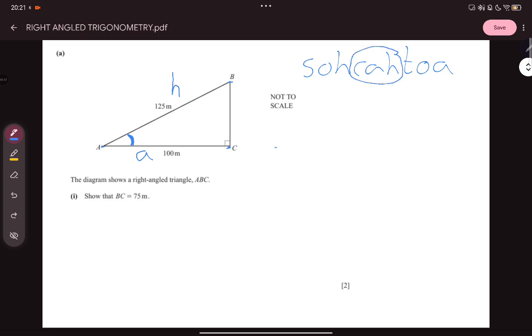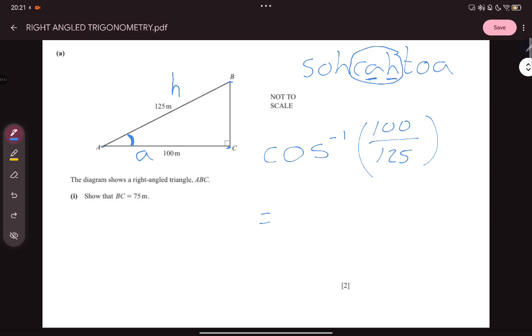So finding an angle is the inverse cosine. A divide by H, so 100 divide by 125. And calculator job, so shift cosine, inverse cosine, fraction button, 100 divide by 125.